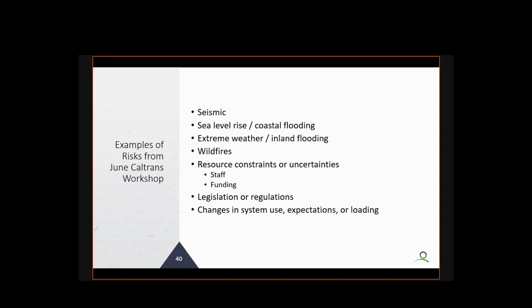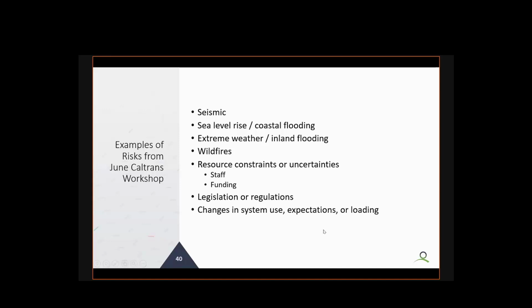These are some of the risks that were identified in the risk workshop. I forget which workshop number that was from a couple months ago, but in any case, things like sea level rise and coastal flooding, extreme weather that can lead to inland flooding, wildfires, which is certainly a major concern right now and moving forward in California.